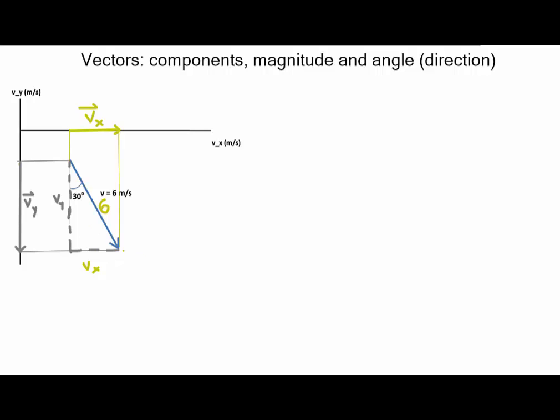So if I want to determine these components, let's do Vx first. For this angle theta, this Vx is the opposite side, and Vy here is the adjacent side next to the angle. And this 6 is the hypotenuse. So to calculate Vx, I need the opposite, and I know the hypotenuse. So the function that ties those two is this sine function, the SOH part of the SOHCAHTOA. And I can write that as sine of 30 degrees equals opposite over hypotenuse.